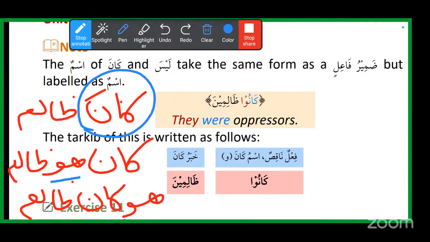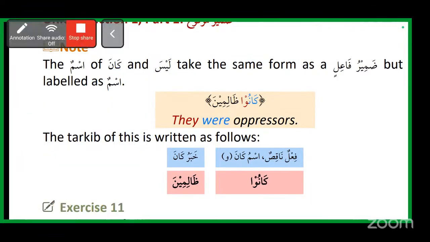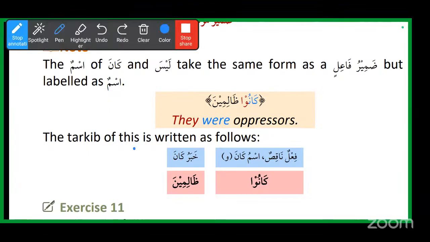So if I don't put tashkil, kana shaitan. If we have to put tashkil, what will we write? Kana shaitanu, kana shaitana? It depends on how shaitan is written. Is it written with alif lam?